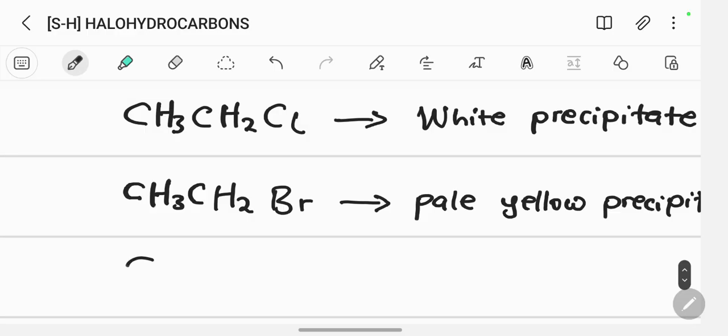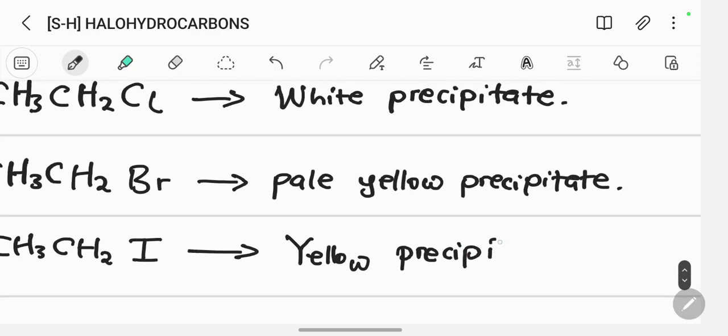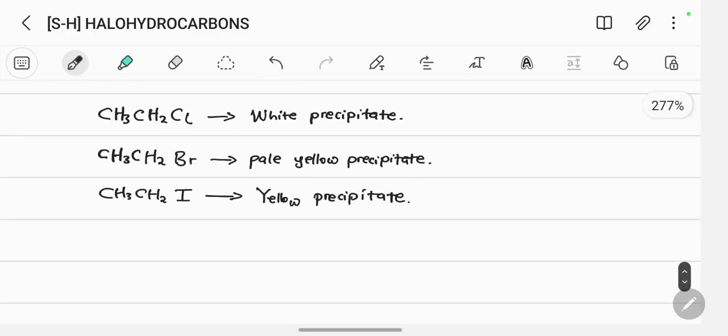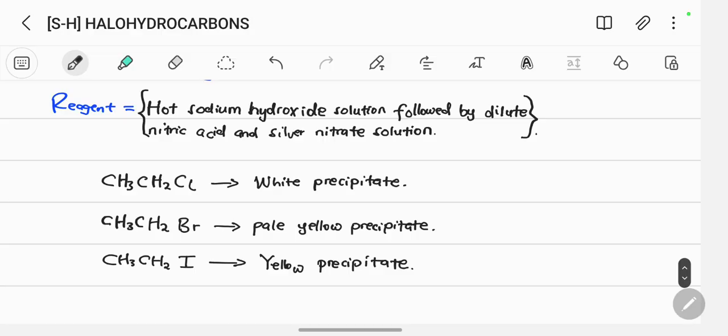Then if I'm having CH3CH2 and iodine, I end up with a yellow precipitate. Now, that is it.